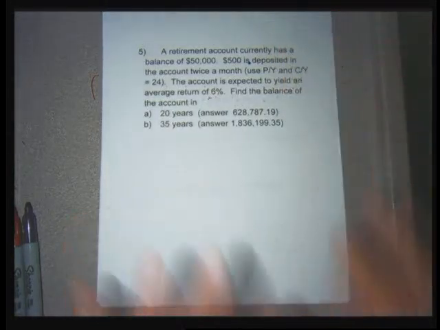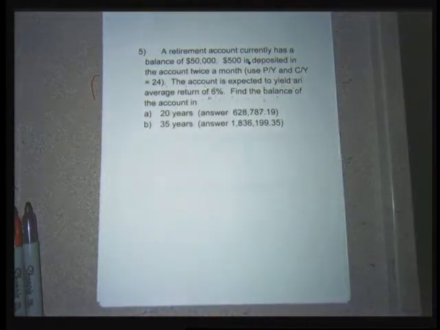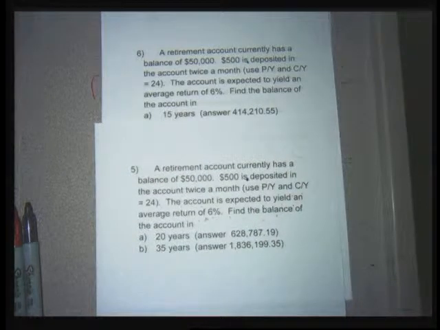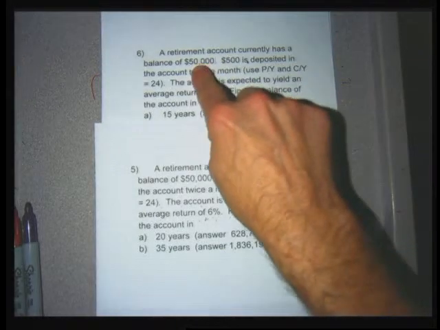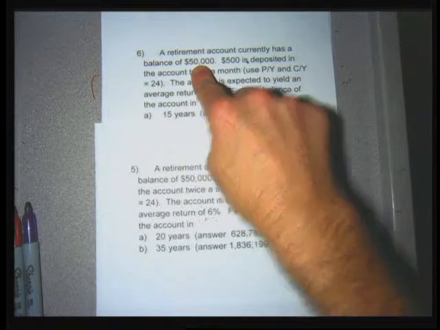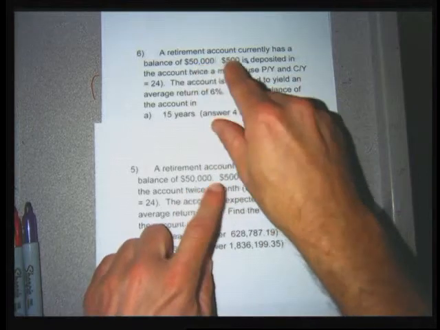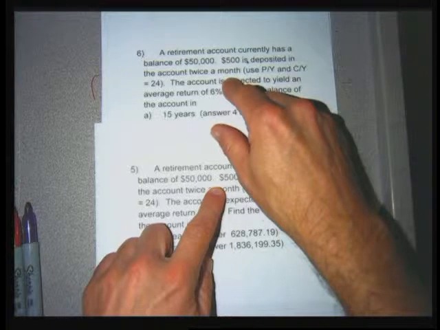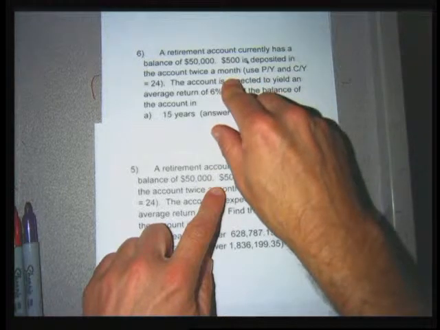So 5 should work just like number 6. If I look at my wording for 5 and I look at my wording for 6, you're going to notice they're almost identical. It says a retirement account currently has 50,000, 500 is deposited into the account twice a month, and twice a month is different than every 2 weeks.